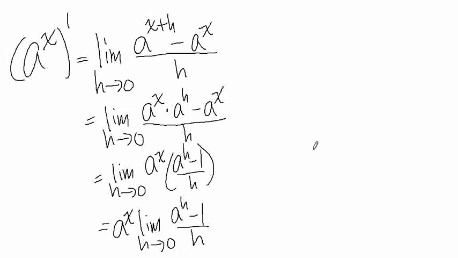However, I'd like you to do an exercise with me. I'd like you to analyze that limit. I'd like you to approximate that limit with your calculator for a few values of a.